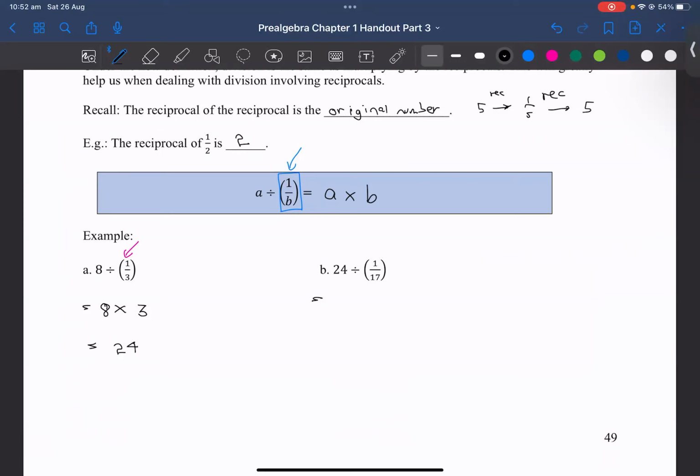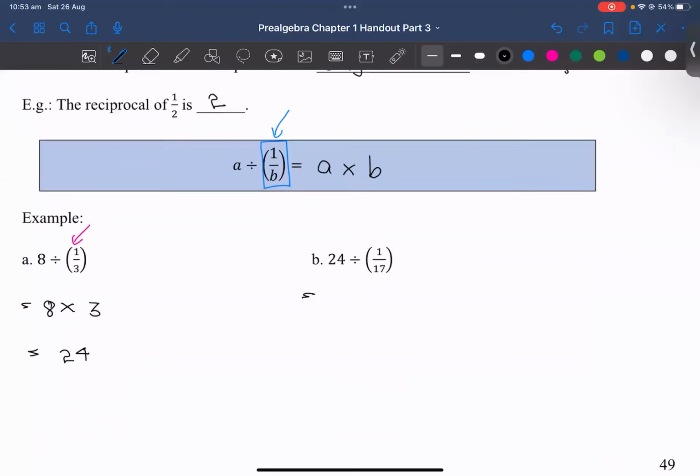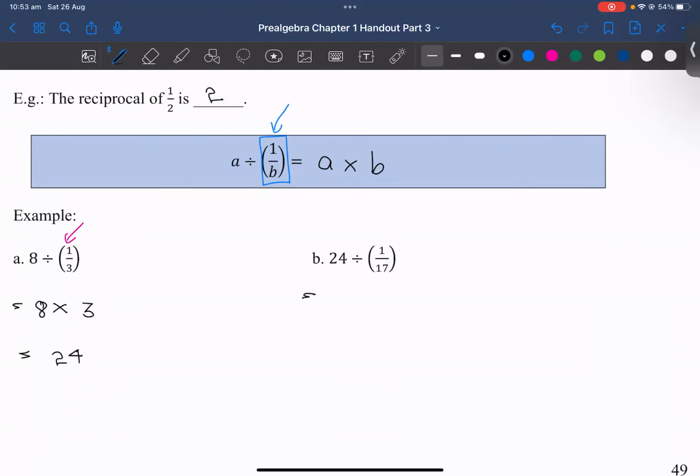Very good, Arjun. Be a bit careful when you're multiplying. Did you miss a 0 in the answer when you typed it in? Yes. Okay.